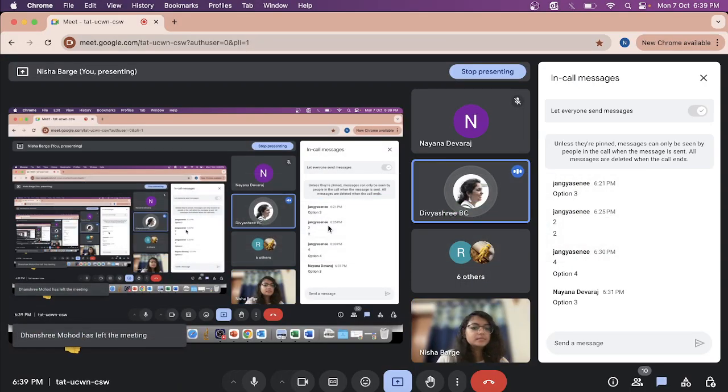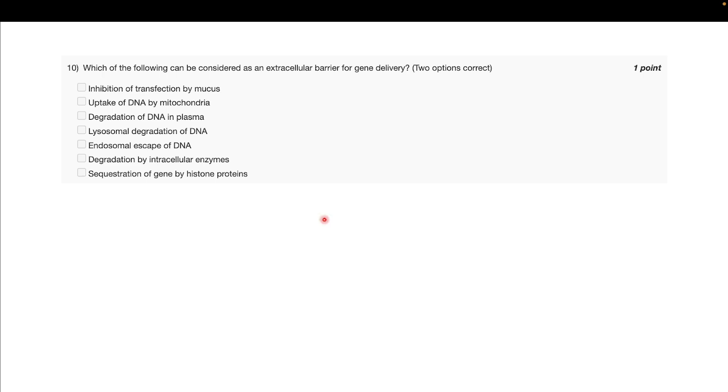Option 3. Okay. Option 3, that is degradation of DNA in plasma. Okay. You have one response. Since we have to choose two correct options, you can also guess at the second option.